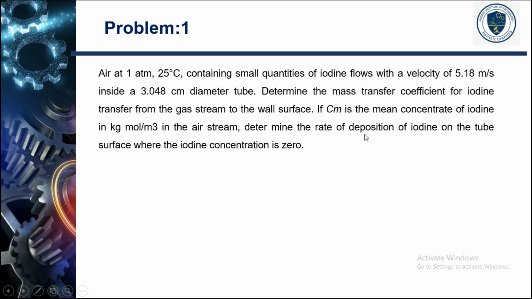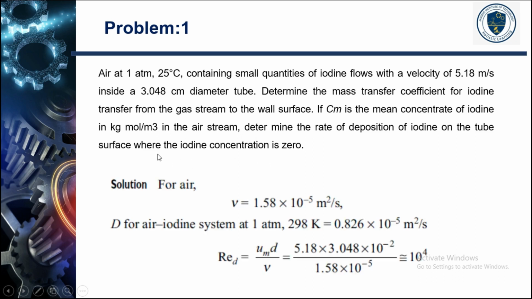Determine the rate of deposition of iodine on the tube surface where the iodine concentration is 0. Describe that there is a tube, and a small quantity of iodinized air is passed over the tube. The wall surface of the tube has an iodine concentration of 0.